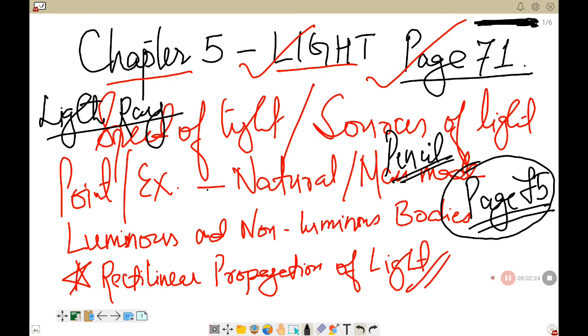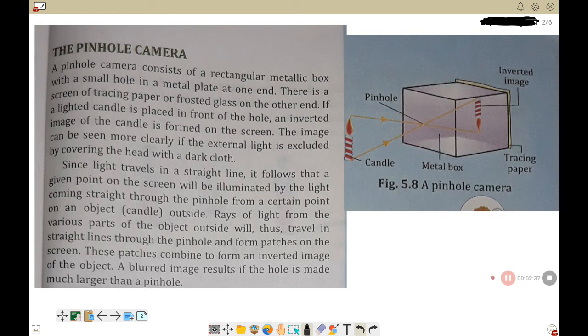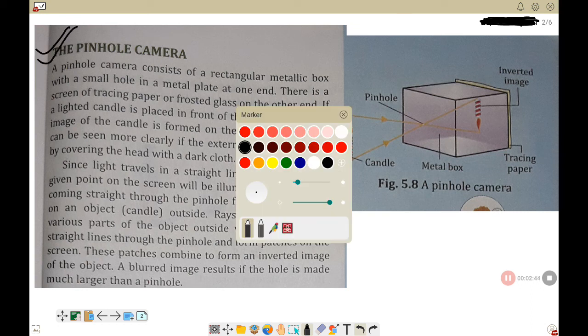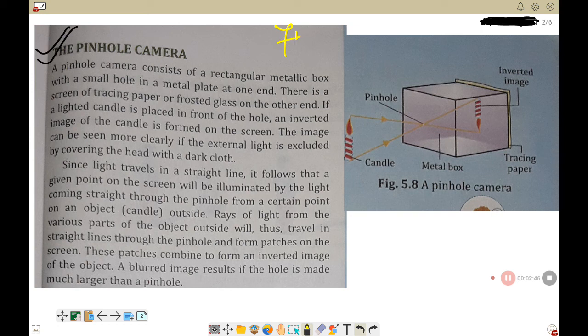As usual, I've taken the snapshots from your book, and I will be explaining the topics line by line. So let's go to the topic, pinhole camera. You'll find it on page number 75. On the same page you'll see this figure, which is a figure for a pinhole camera. All right, let's begin.